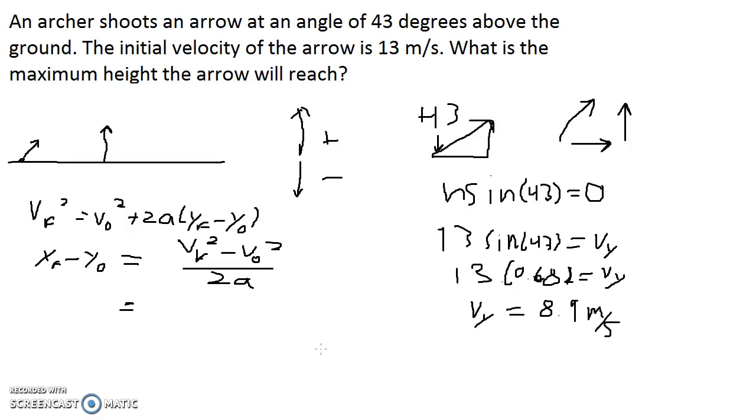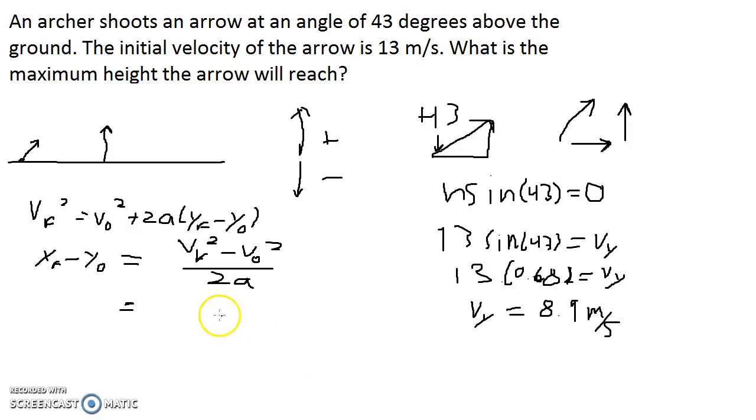When I shoot or throw something straight up in the air, it goes up and starts slowing down, and then at one point it stops. It seems to hang there for a second. That's because it hasn't started going down yet, but it isn't going up anymore. So this is by definition the highest it will ever be. At that highest point, the velocity is 0.